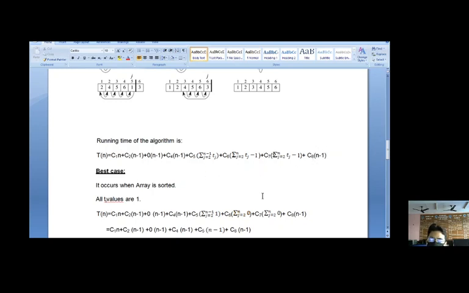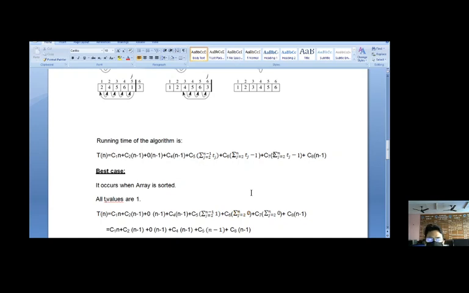So the running time of the algorithm is T(n) equals C1 n plus C2 into n minus 1 plus C3, here 0, into n minus 1, C4 into n minus 1, C5, C6 and C7. These are particular element dependent, so we have used a summation function here.